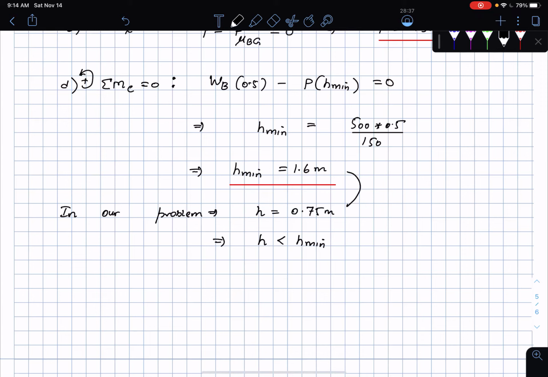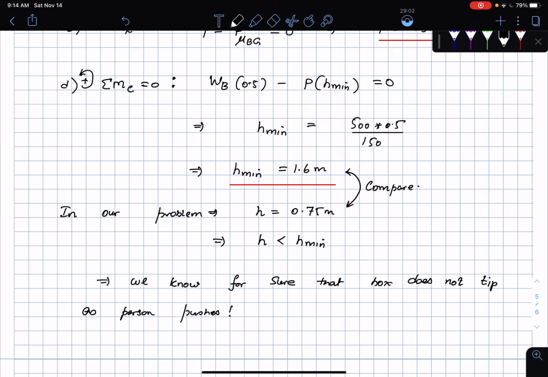Okay, if I do the comparison, this implies that we know for sure that the box does not tip as the person pushes.